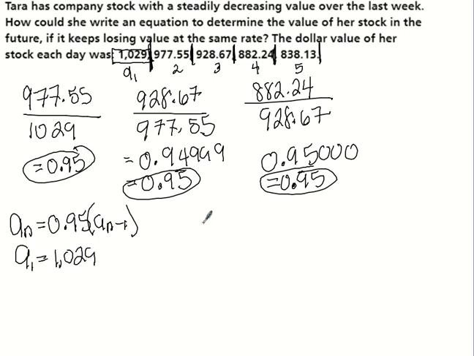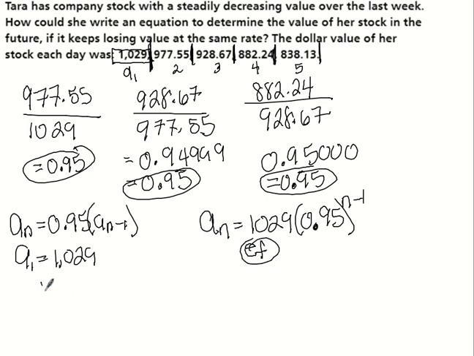My explicit formula would be a to the n equals my first term, 1290, times this rate, and then n minus 1 as my exponent. So you can see why geometric sequences are in exponents, because we're clearly using exponents when we have our explicit formula, right? This is my explicit formula, and this is my recursive formula.